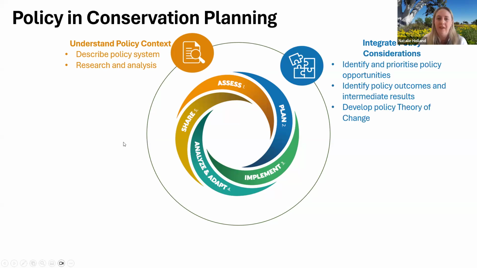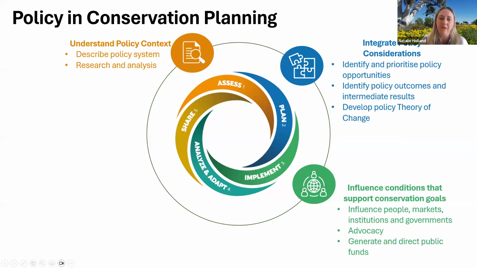In the next phase, the plan phase, you are still undertaking all of the usual steps you would in that particular phase of identifying strategies, defining your outcomes, designing a theory of change, incorporating intermediate results. But we've got a tool that I'm going to again take you through on this call that just helps think through what that could look like for policy and what some of the common elements of a policy theory of change might be.